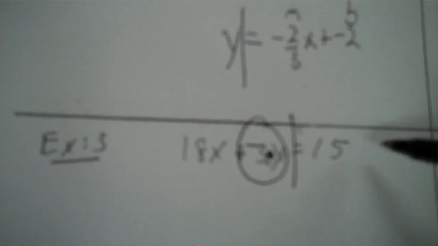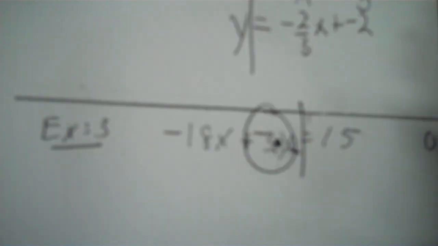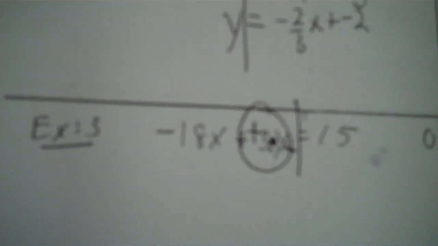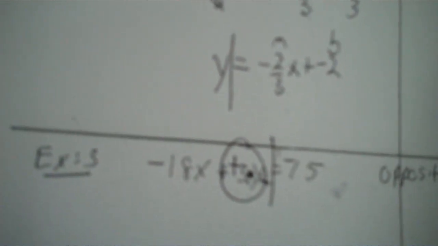If you have a negative, you have to apply something known as the opposite rule. Opposite rule is where I go through the equation and make everything opposite. So the opposite of 18 is negative 18. The opposite of negative 3 is positive 3. Don't go plus negative, it just becomes positive 3. Opposite of positive 15 is negative.